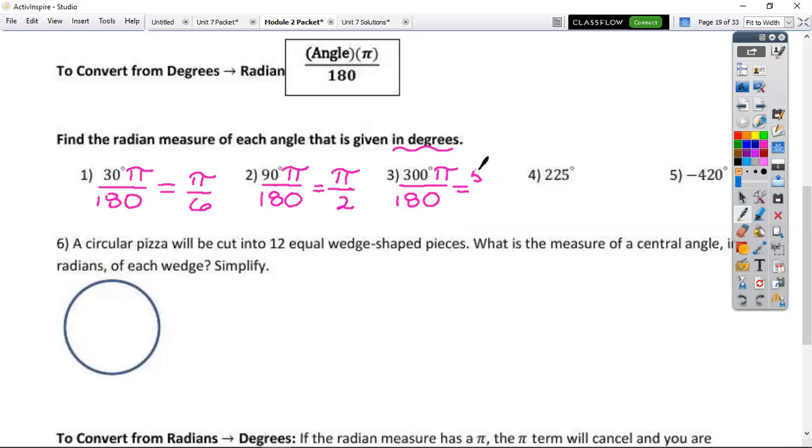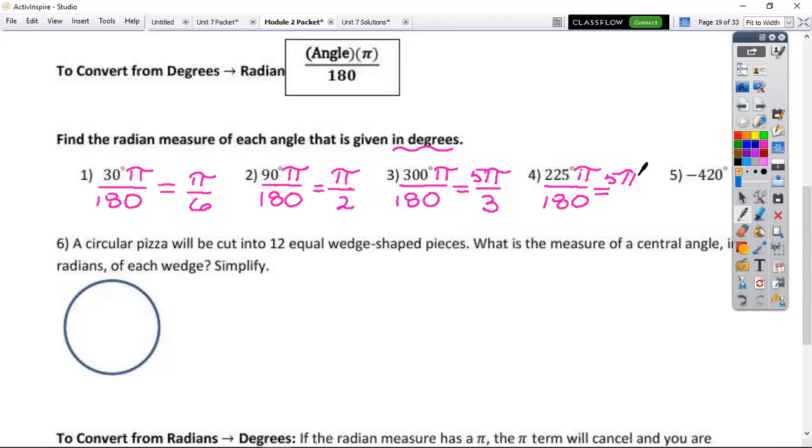Awesome, keep going. 225. So that would be times pi divided by 180. So what is 225 over 180 reduced down to? Thank you, that's what I thought too. Yep, so 5 pi over 4.